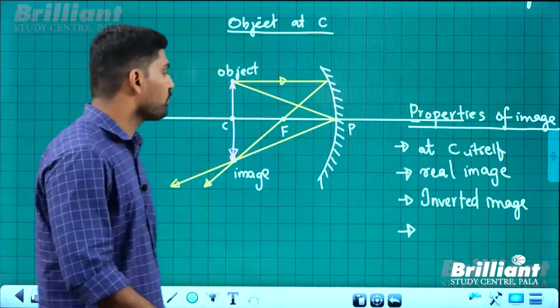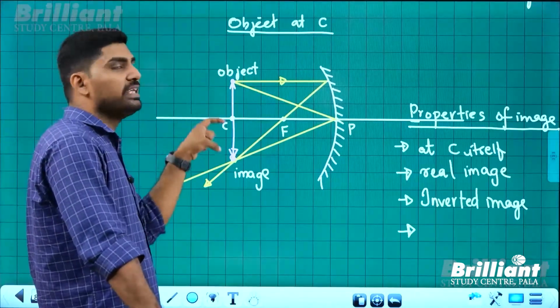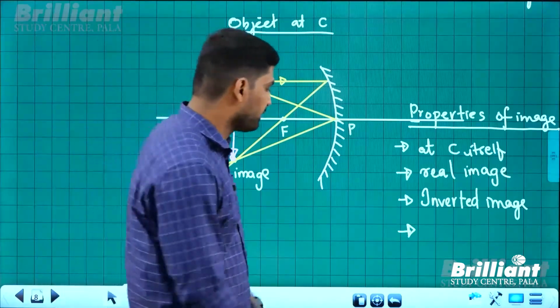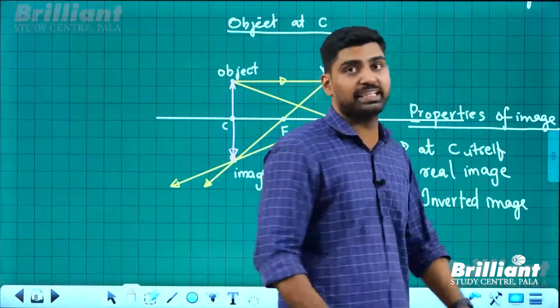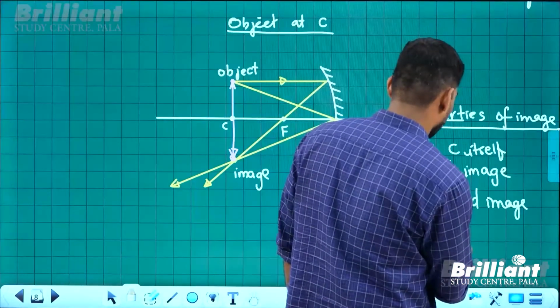Okay, now the fourth property, what about its size? You can see from this that the size of the image is equal to the size of the object. So we can say it is not diminished, it is not enlarged. We can say same size as that of the object.